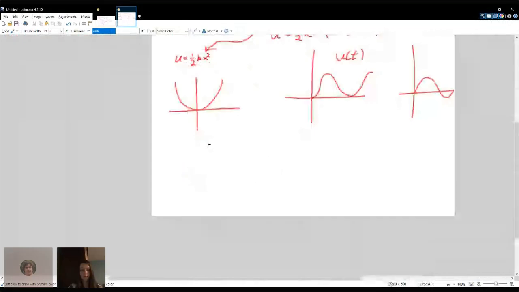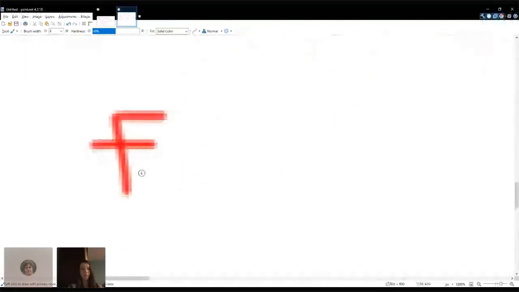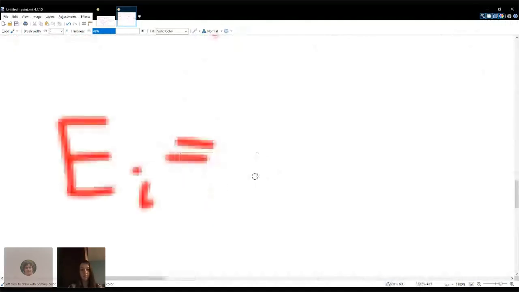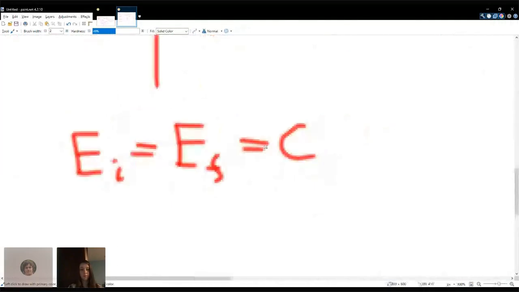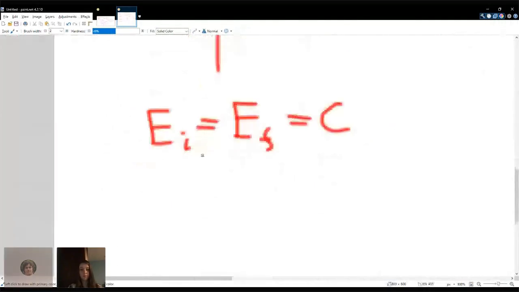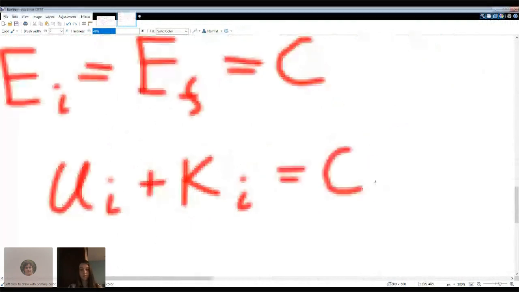So basically we have conservation of energy, which says the initial energy is equal to the final energy, which is some constant. We could take the initial point to be any point we want. Potential energy plus kinetic energy equals some constant.